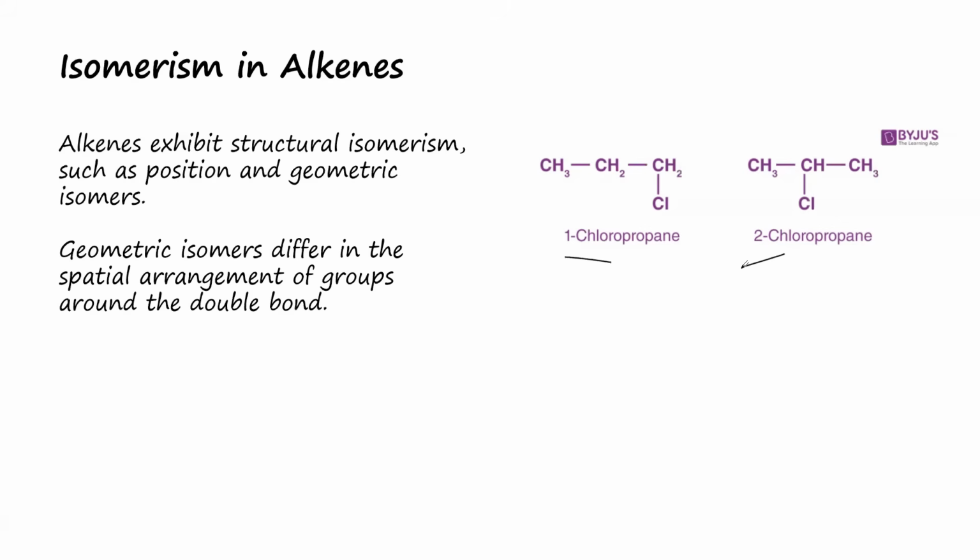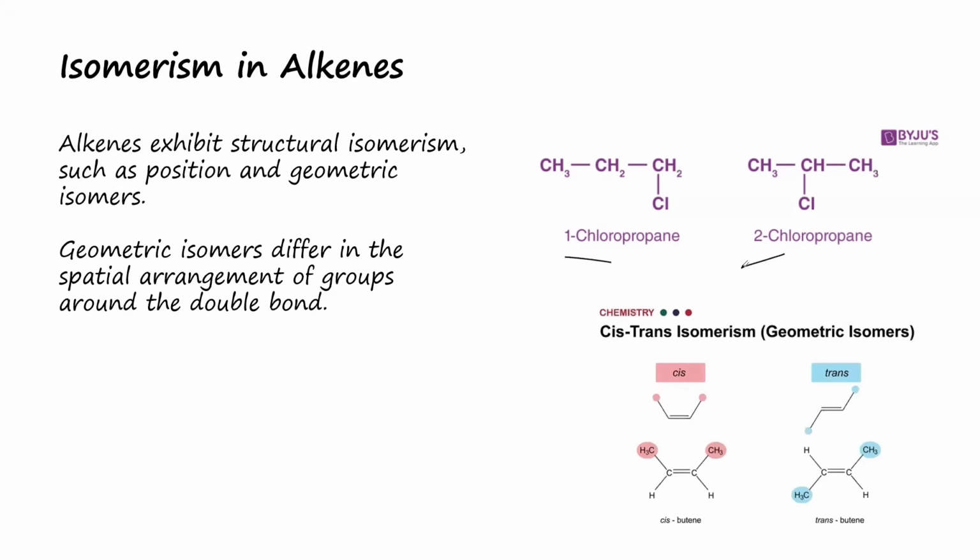And then in the case of geometric isomers, they differ in the spatial arrangement of groups around the double bond. As we can see, we have cis. When you have cis, it means that you have 2 groups on the same plane.